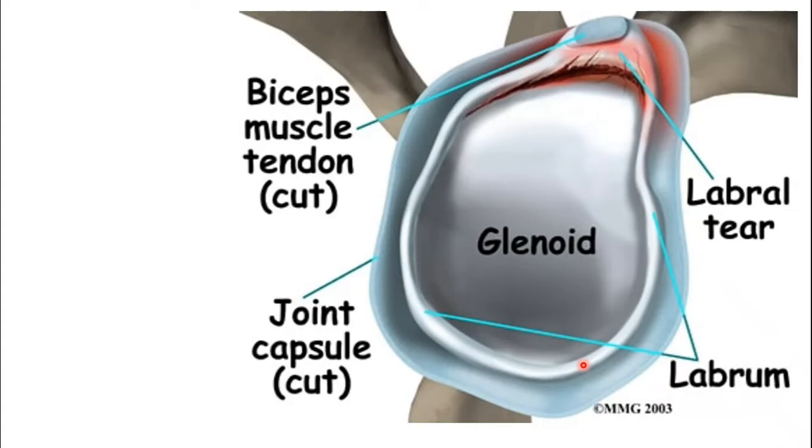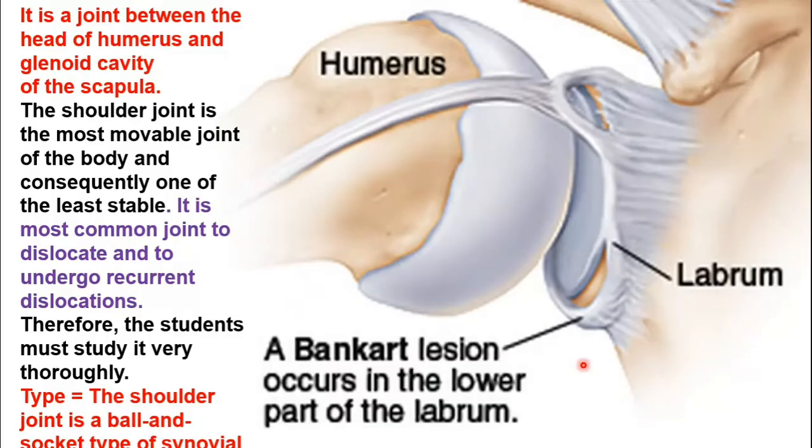If it were not there, it could not fit. Here you can see this is the head of the humerus. It is larger than this glenoid cavity. So this glenoidal labrum provides stability and a grip to hold the head of the humerus.